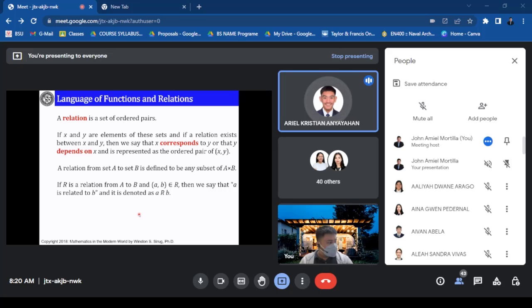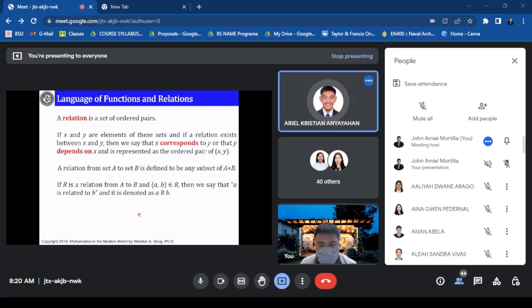A relation is a set of ordered pairs. If X and Y are elements of these sets, and if a relation exists between X and Y, then we say that X corresponds to Y, or that Y depends on X, and is represented as the ordered pair (X, Y).